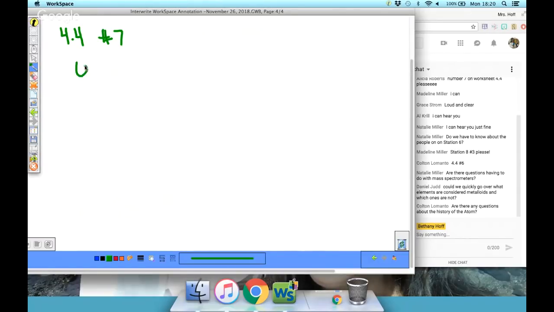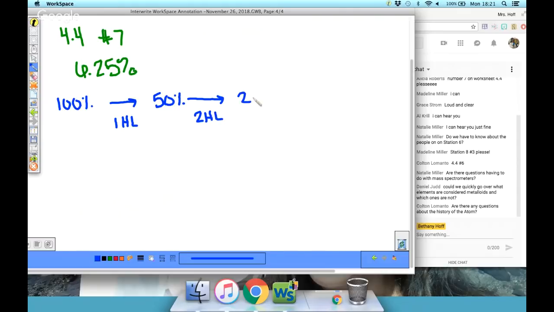Because it's 6.25%, that's a nice number, because if we think of our half-lives, it is exactly one of our half-lives. If we have 100%, after my first half-life, I'm going to represent half-life like that, it's going to decay into 50%. After my second half-life, it's going to decay into 25%.